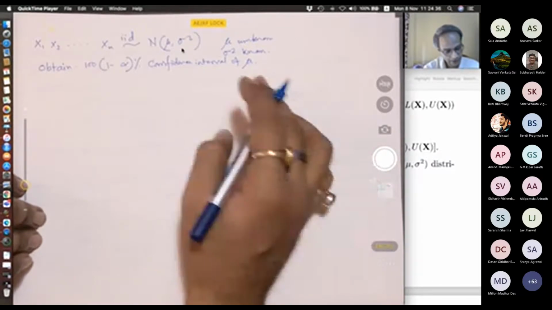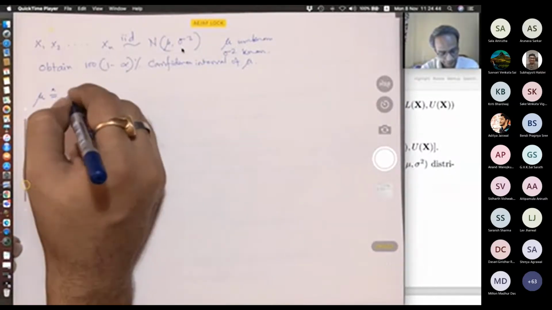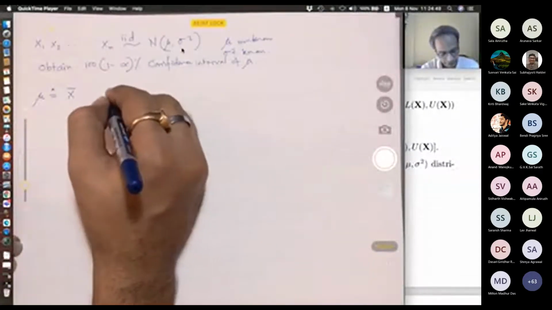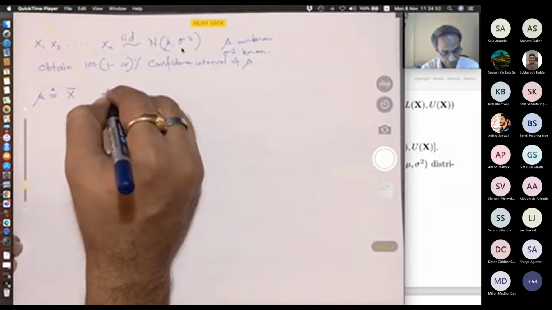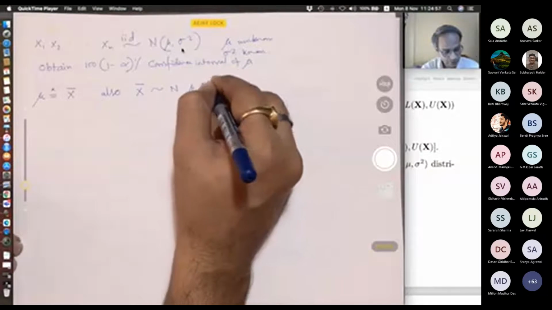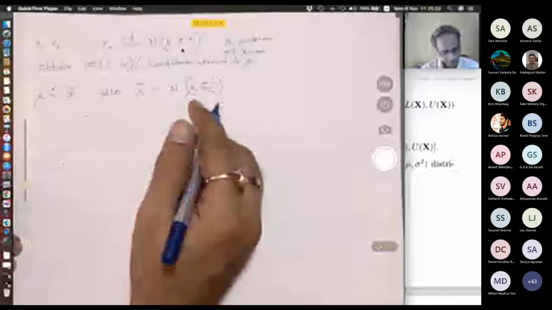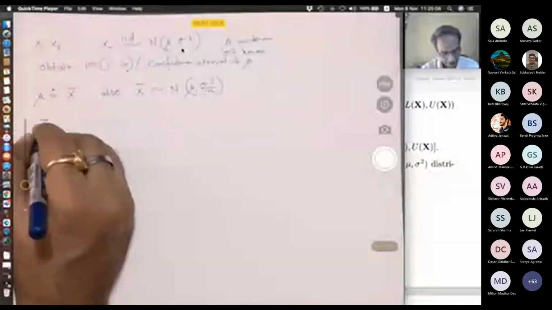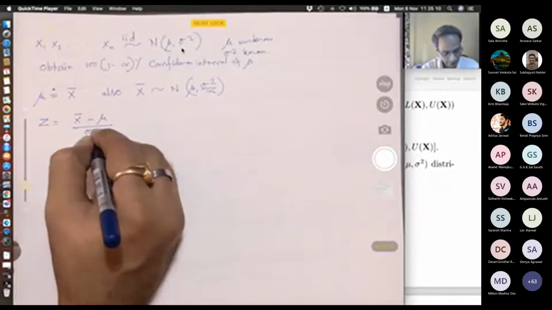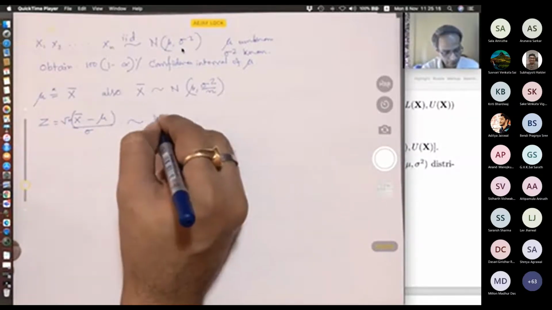Now, here you know very well that you can estimate mu with x bar. And also you know that x bar follows normal mu sigma square by n. Okay. Now, if you do the standardization, this will follow normal 0, 1.